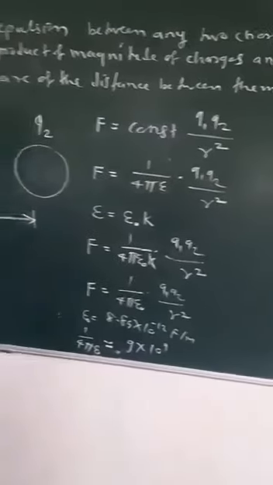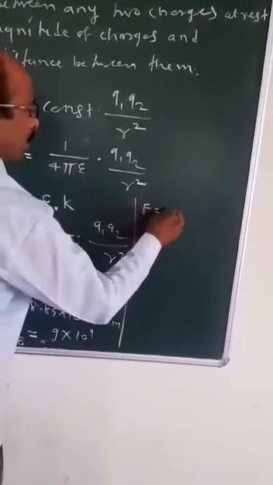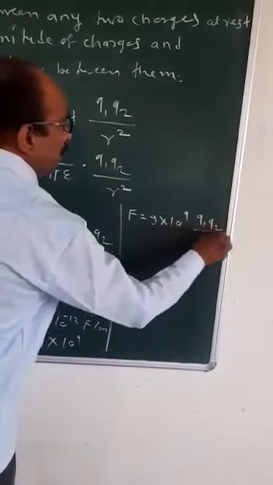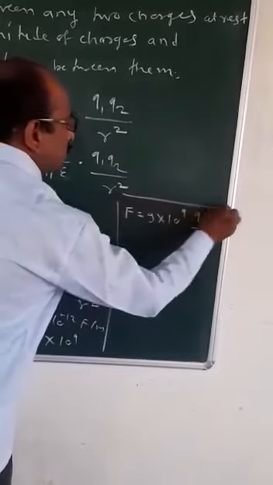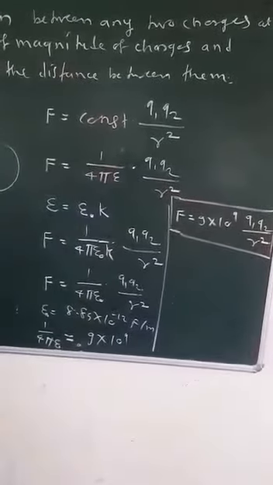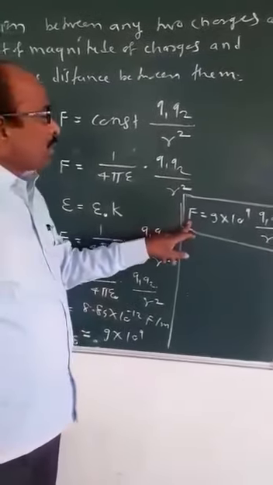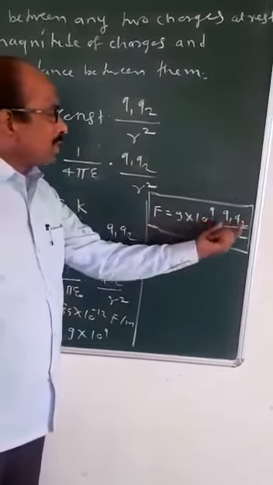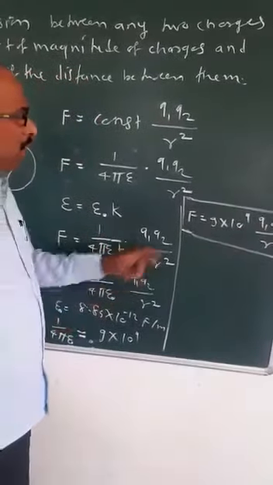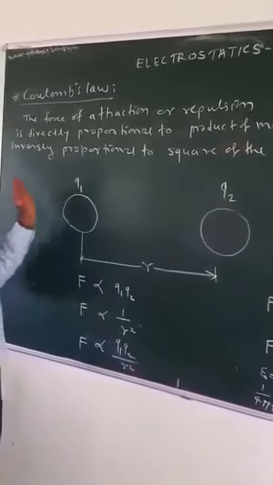Therefore, the equation becomes F is equal to 9 into 10 to the power 9 Q1 Q2 divided by r square. This is the expression for force between any two charges. And from this, we can say that the force between two charges depends upon the magnitude of the charges and the square of the distance between them. This equation is known as the scalar form of Coulomb's law.